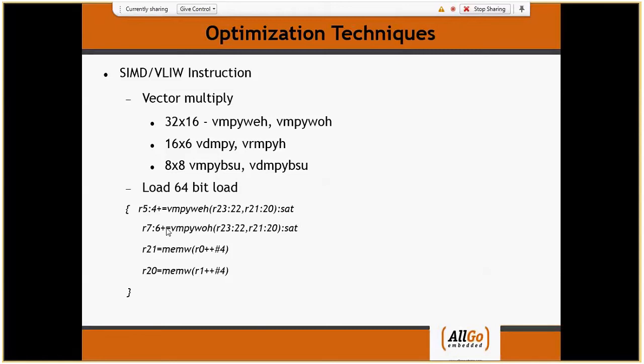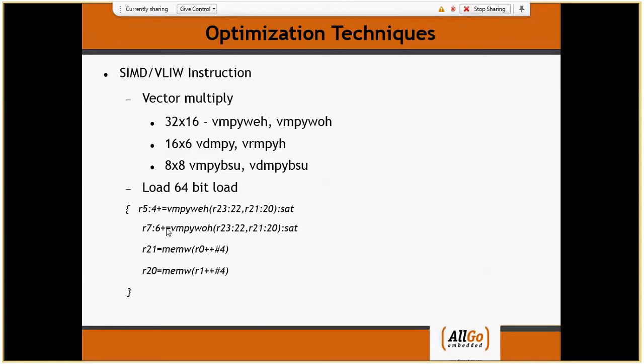For example, for the first one, VMPWEH, you can multiply 32-bit by 16-bit, where you have 2 registers which are 32-bit and another register which is 16-bit. There are 4 16-bit data and 2 32-bit data which can be multiplied.